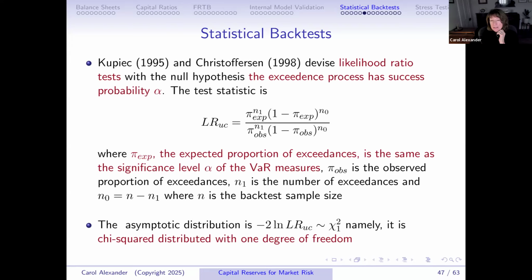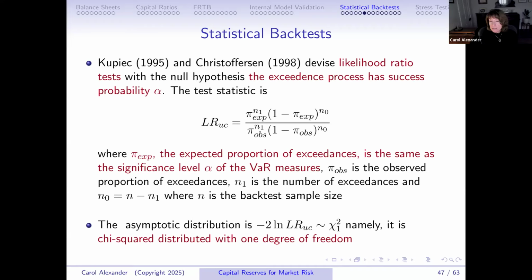In the numerator for the test statistic, pi x is alpha. It's just the expected proportion according to the model. If it's an alpha percent VaR model, then it would be alpha for pi x.